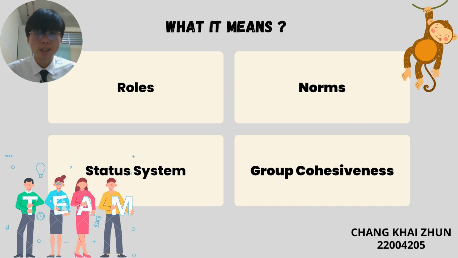Next, norms means the perceived, informal, mostly unwritten rules that define acceptable and appropriate action within a given group or community, those guiding human behavior. Status system refers to a position one holds in a society or group. And last is group cohesiveness, which means the extent to which members of the group stick together and their commitment to each other.